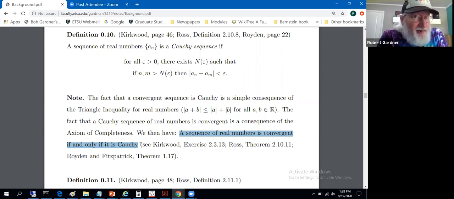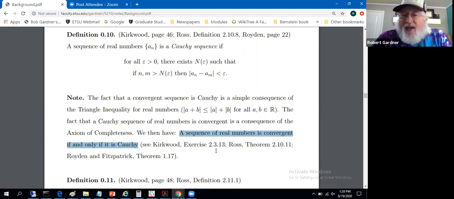Remember, the complex numbers, they ain't got an ordering. There isn't a greater than, less than on the complex numbers. So if we're going to talk completeness, it can't be done the way we did it here. It can't be done in terms of least upper bounds and greatest lower bounds. There isn't a greater and a lesser in the complex setting. It's got to be done some other way. It turns out it's done this way. It's done using Cauchy sequences.